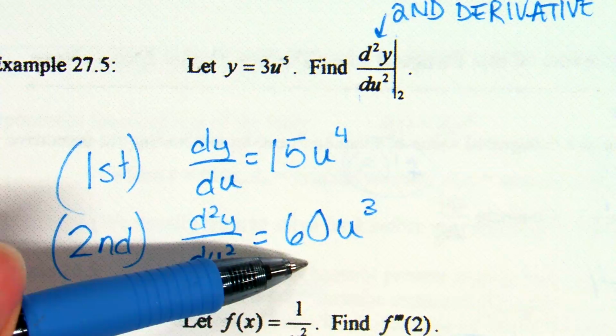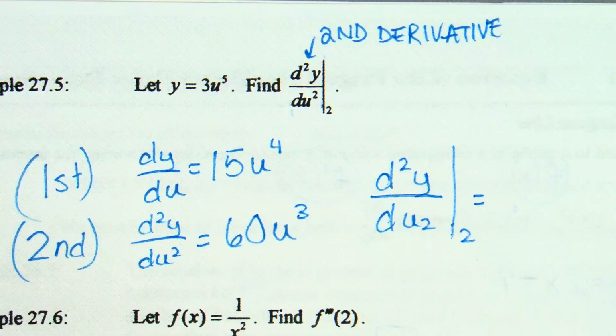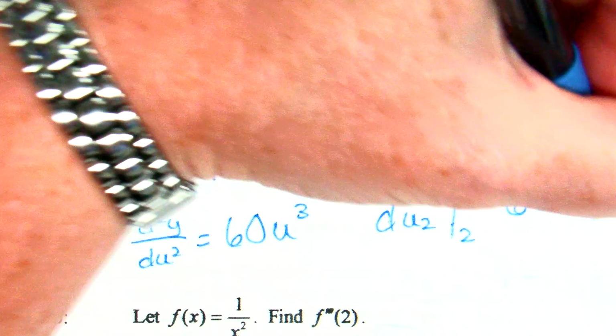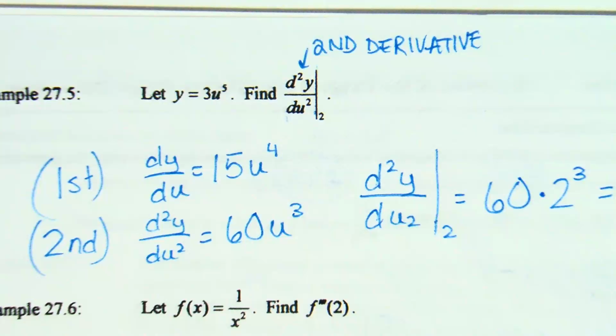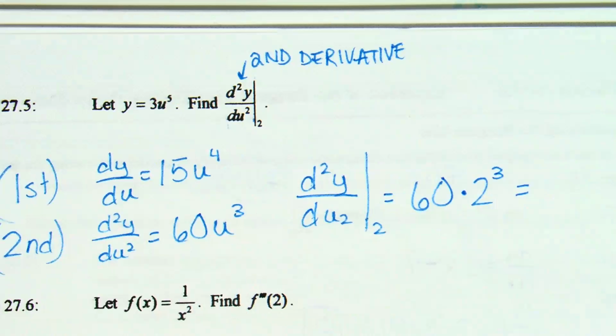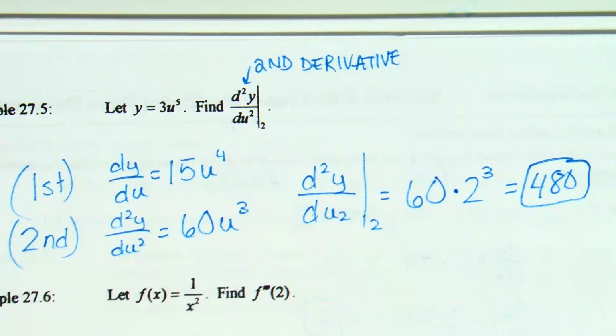So d squared y over du squared evaluated at 2 means, instead of 60u to the 3rd, it's 60 times 2 to the 3rd. 2 to the 3rd is 8. 8 times 60 is 480. I personally think that's easier than the first part of the lesson.